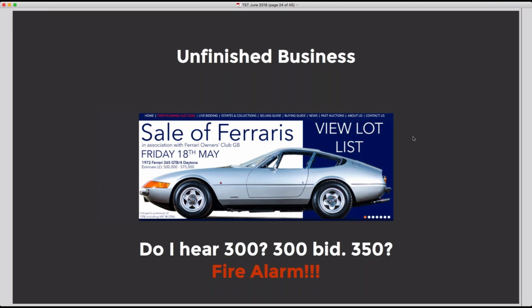We go back into the building. The auctioneer will restart the auction, maybe at 300, maybe at 250, because we have not run out of demand. The car is still available for sale. There are people in the room who are interested in buying. So the auction at the time that the fire alarm went off was unfinished.